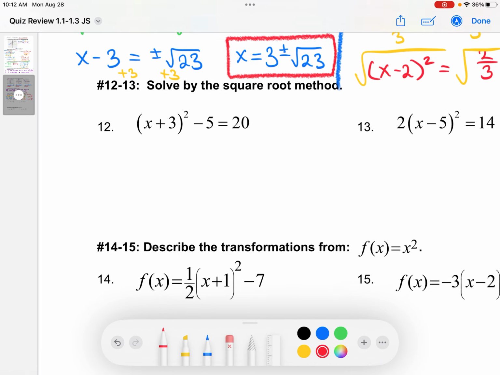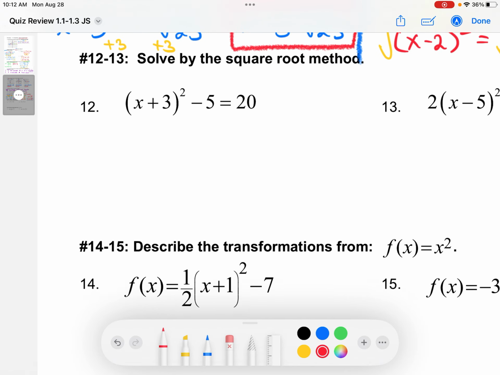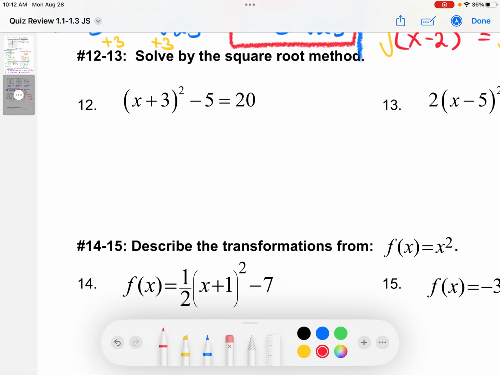On 12 and 13, we are solving by the square root method. If we look, there is only a single variable x. So we want to move everything away from that x. So we'll add 5 on both sides. So then x plus 3 all squared would equal 20 plus 5 is 25.